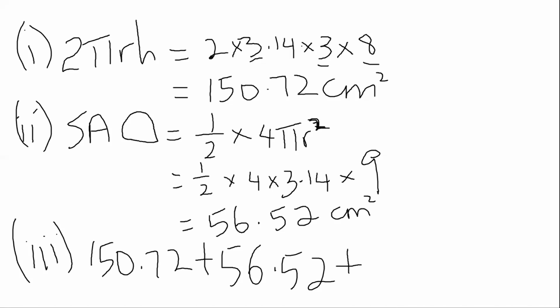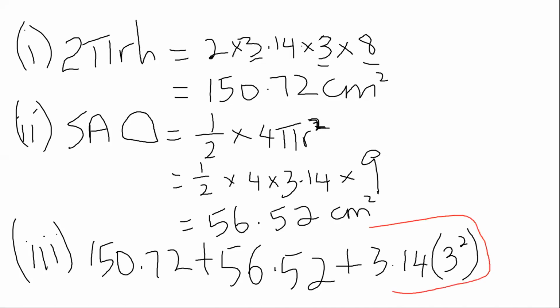So you add 3.14, and then you put in brackets 3 to the power 2. Where did you get that from? Yeah, and I added it with 150.72 and 56.52. Where did you get this from? You're trying to use fast maths.